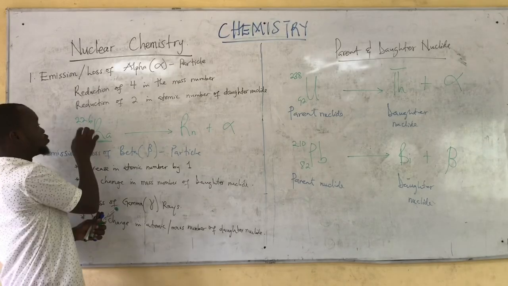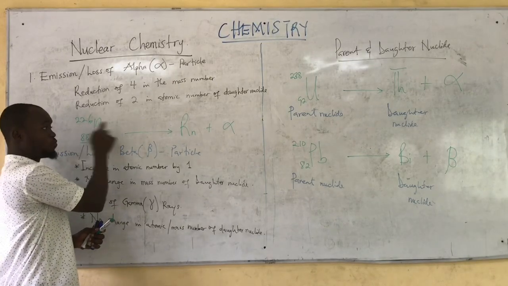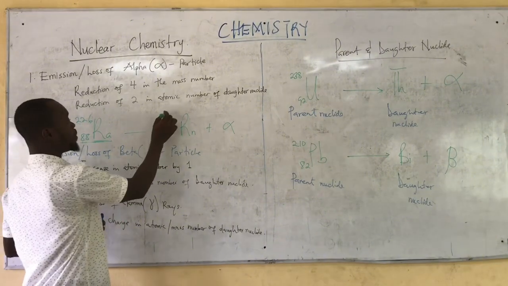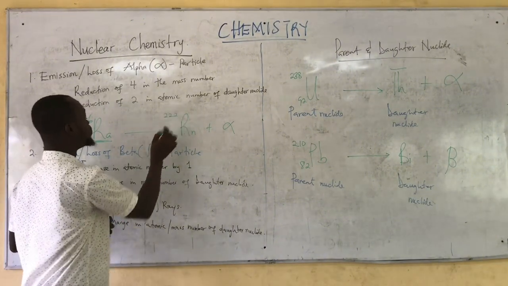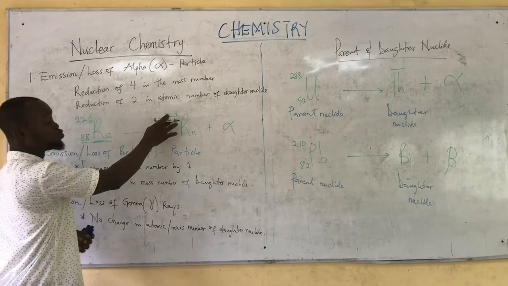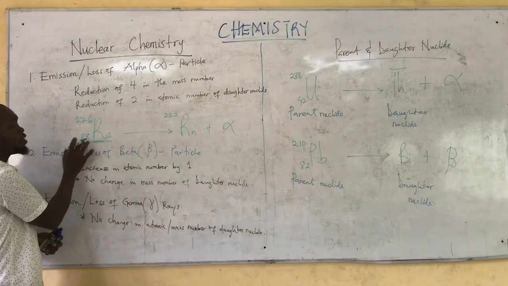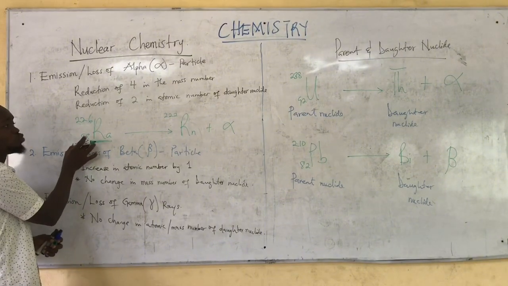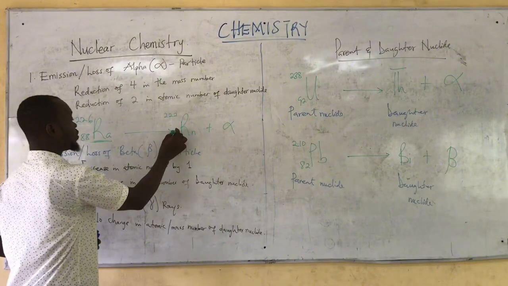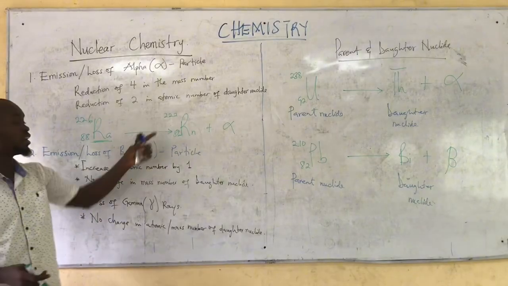Since the mass here is 226, there's going to be a reduction of 4 for the daughter. So it's going to have a mass of 222. That is 226 minus 4 gives us 222. Is that okay? And then the proton number is going to reduce by 2, so we are going to get 86 for the daughter nuclide.